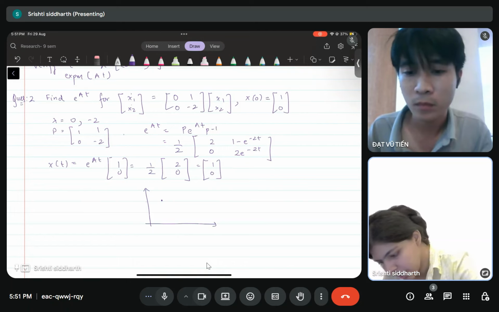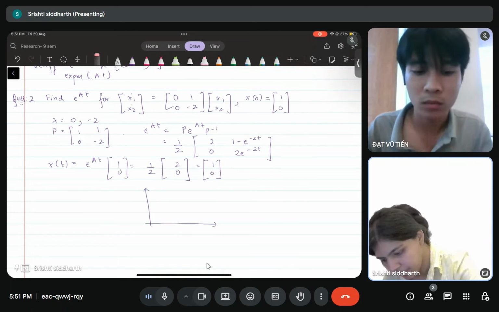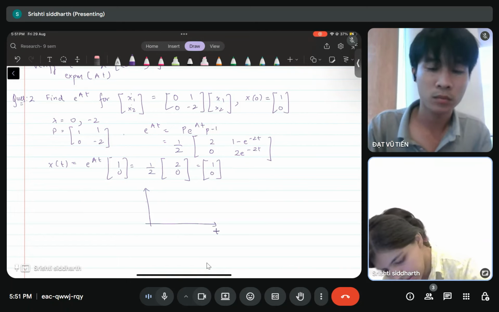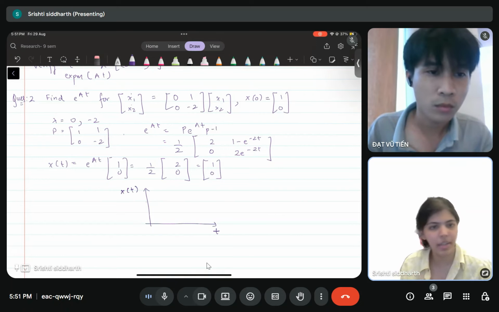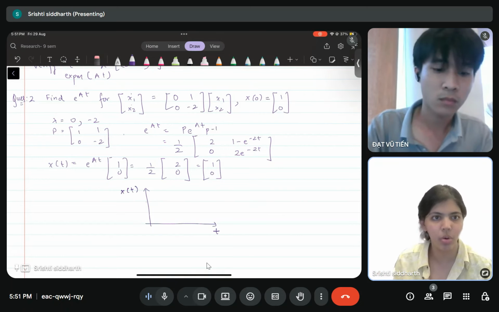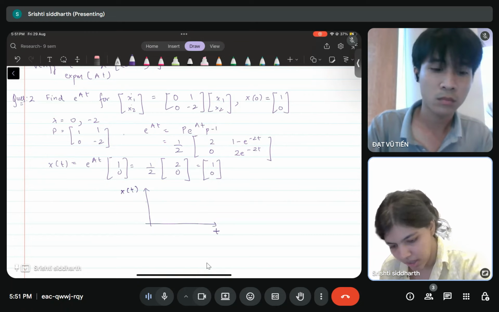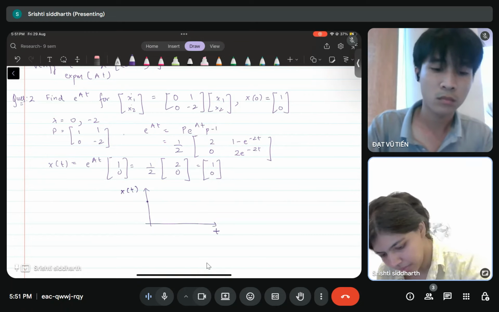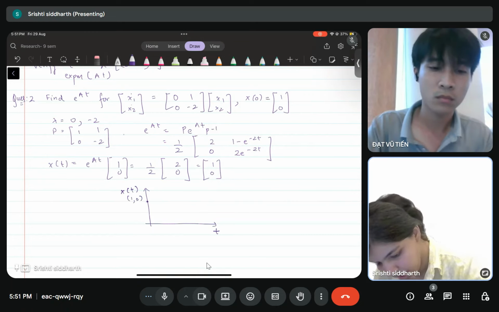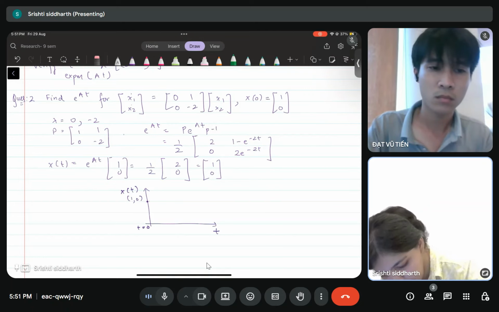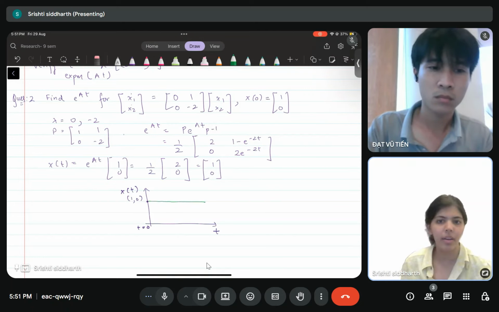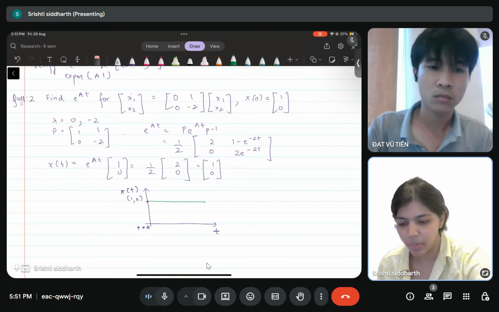So say this is t, this is x of t. This is in 3 dimensions. X of t has 2 coordinates. It starts from (1, 0) here at time t equals 0 and then stays here. So this is when there is no input.